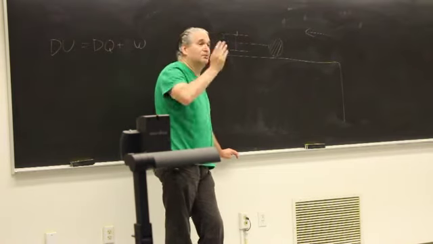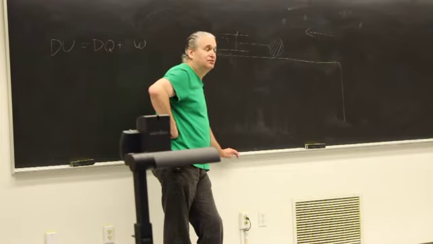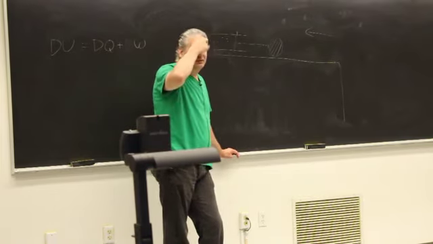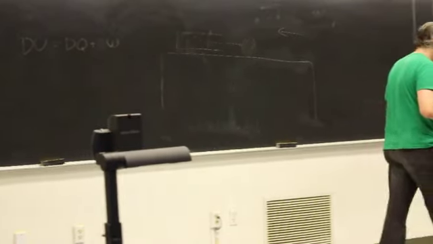Or if I press on it like this, the temperature goes up. So there are these relations that I can just see in the world between things like pressure and temperature and volume and energy content and so on.